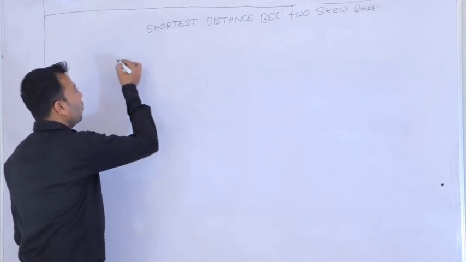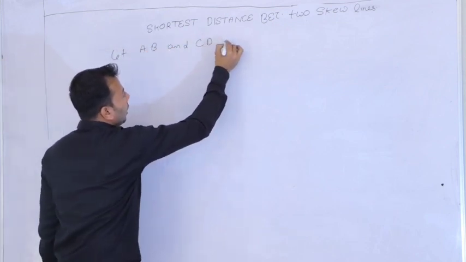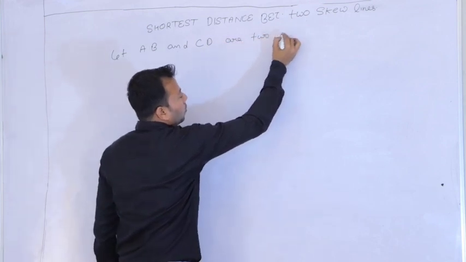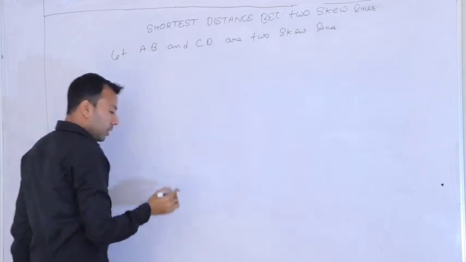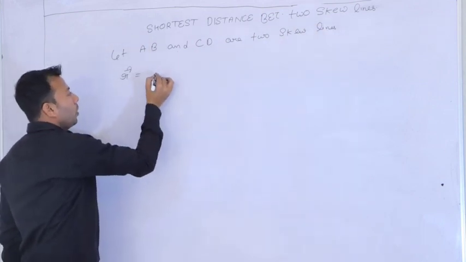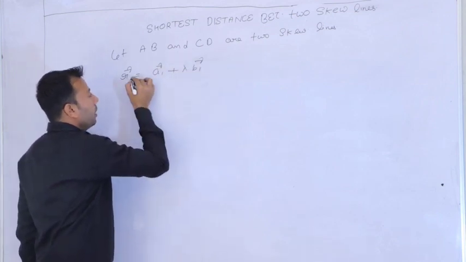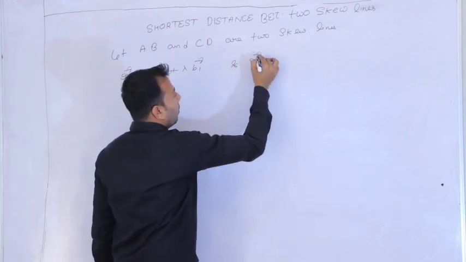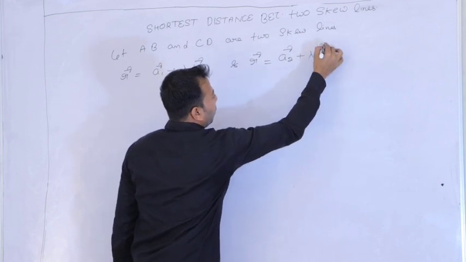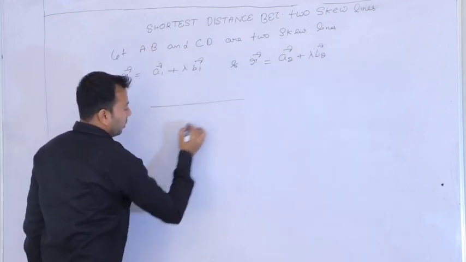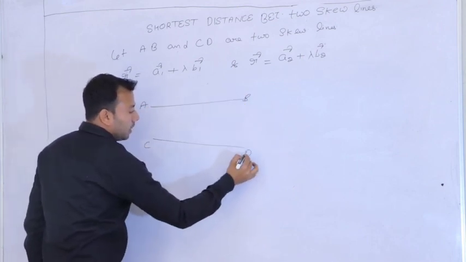We have considered two lines, let AB and CD be two skew lines, that is r vector is equal to a1 plus lambda b1 vector, and r vector is equal to a2 vector plus lambda b2 vector, as shown in the figure. This is the AB line and this is the CD line.